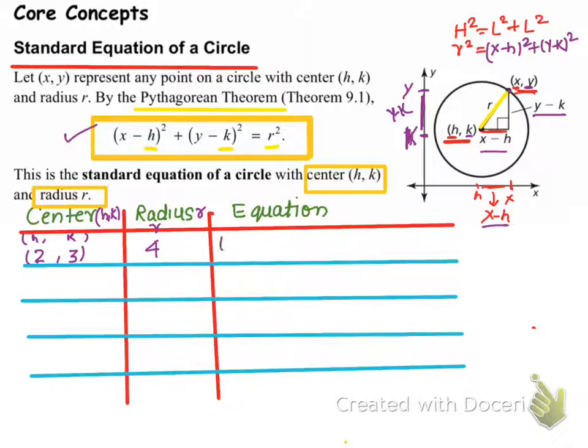So that's going to be x minus 2 whole square plus, because 2 is the value of h, y minus 3 whole square, 3 is the value of k here, equal to r square. That is 4 square, and 4 square is finally 16. So you can write down your final equation: x minus 2 whole square plus y minus 3 whole square equal to 16.